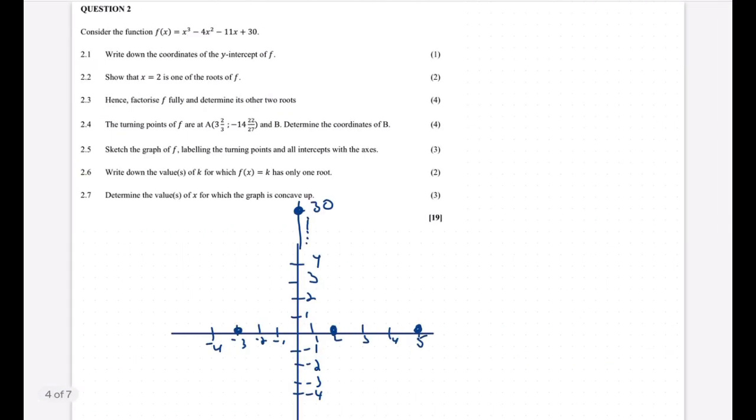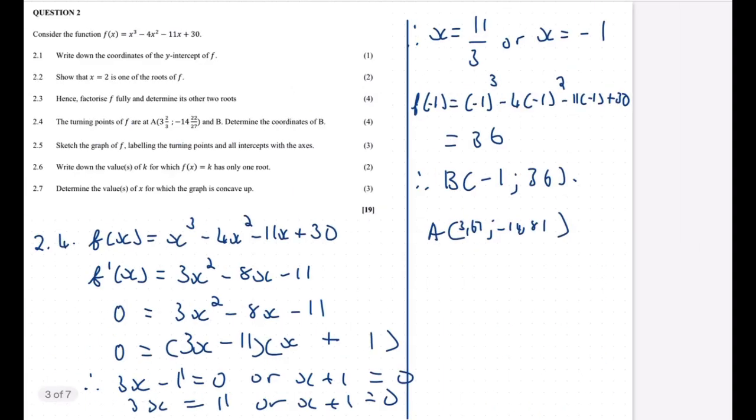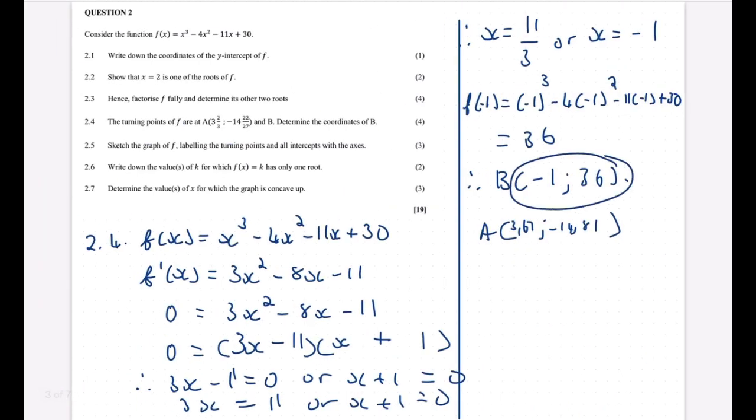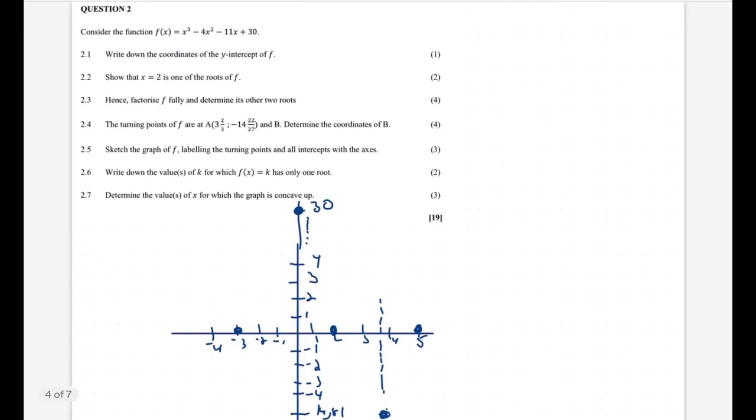Okay, so 3.67, negative 14. Somewhere 3.67 and negative 14, that would be a turning point somewhere down here, at negative 14.81. And we also have a turning point, we said, at minus 1 and 36. So at minus 1 and 36, probably somewhere up there.